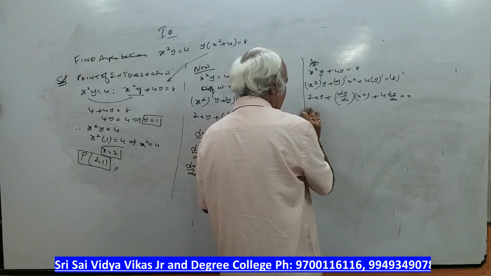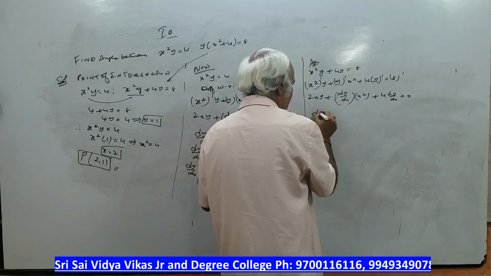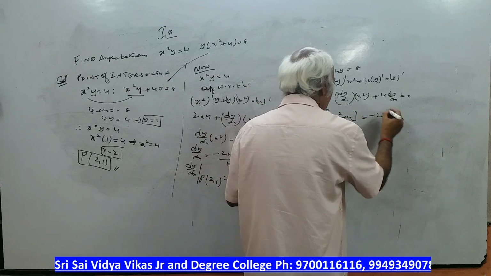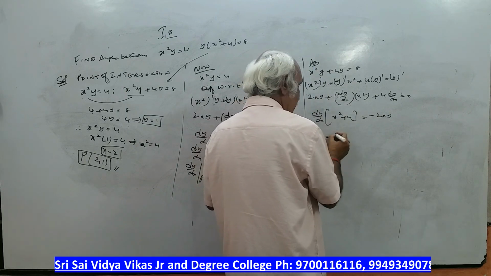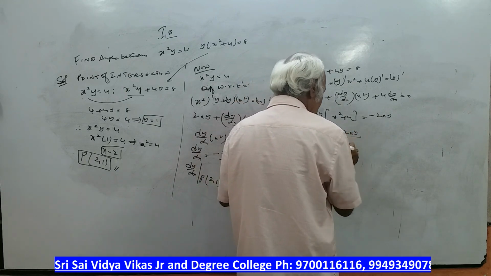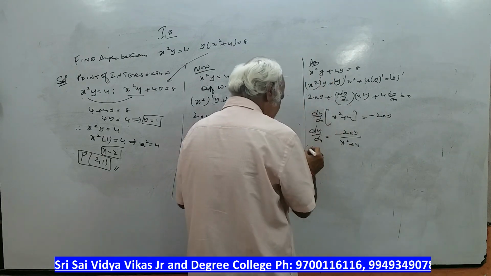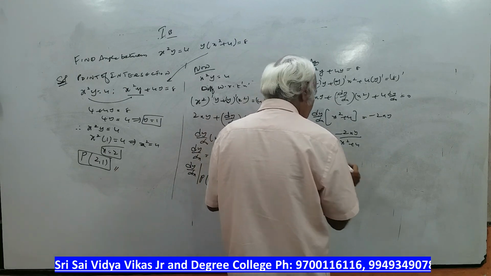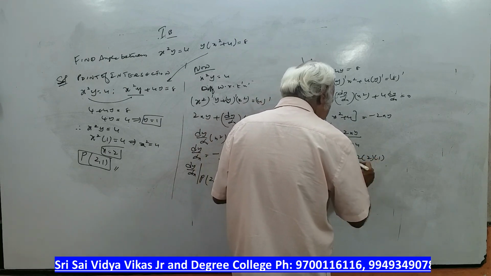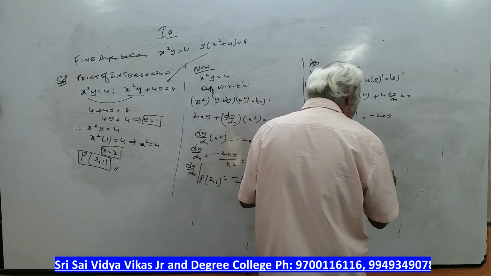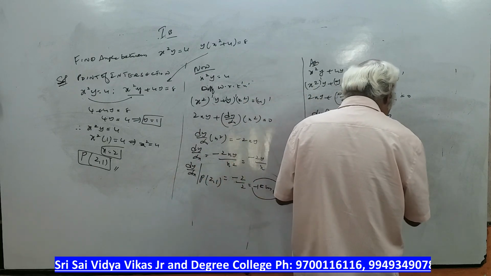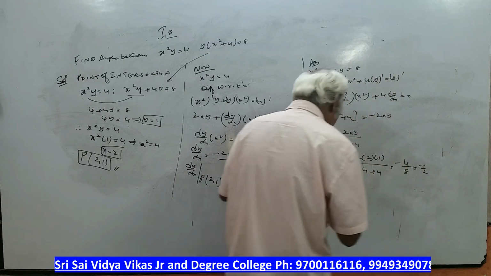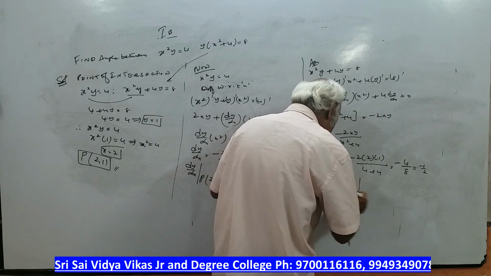So bring 2xy to this side, take dy by dx common, x square plus 4 is equal to minus 2xy. Therefore dy by dx is equal to minus 2xy by x square plus 4. Again, the point P. What is the point? 2, 1. So minus 2 into 2 into 1 by 2 square is 4 plus 4. So minus 4 by 8, minus 1 by 2. Therefore m2 is equal to minus 1 by 2.